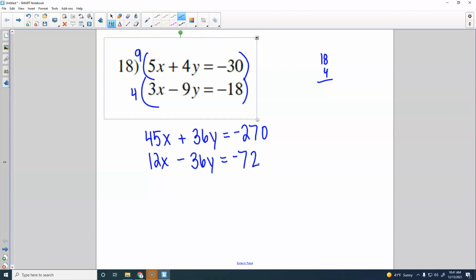Okay? All right, so at this point, y's will cancel out. And so over here, we're going to get 57x. And over here, we're going to get negative 342.